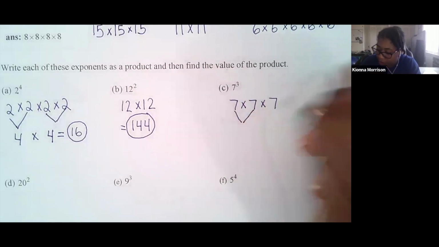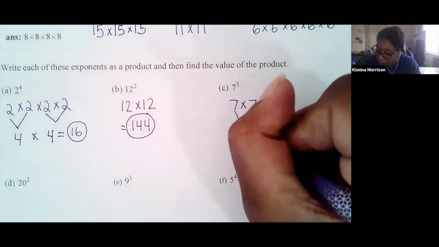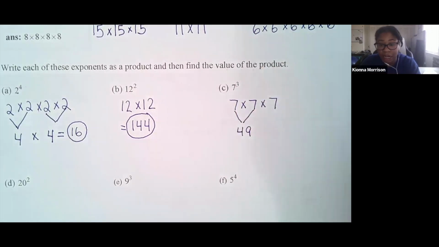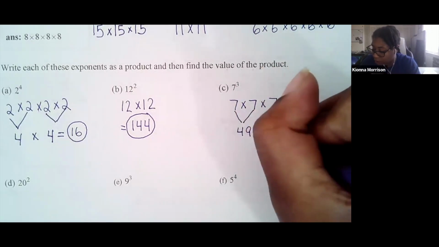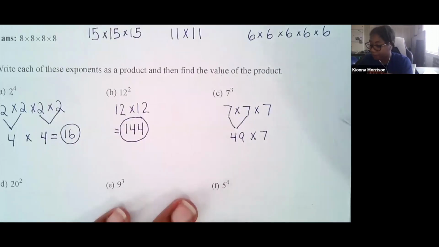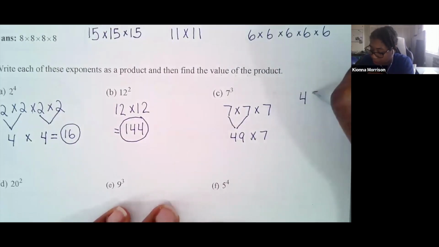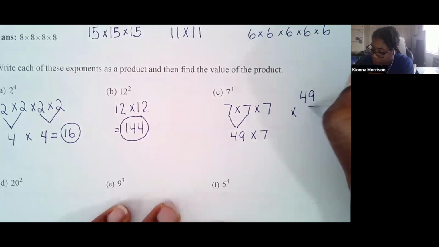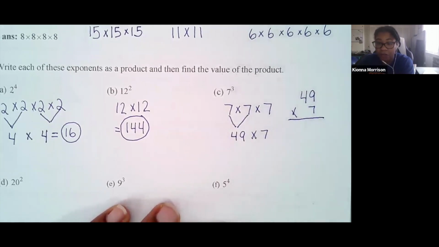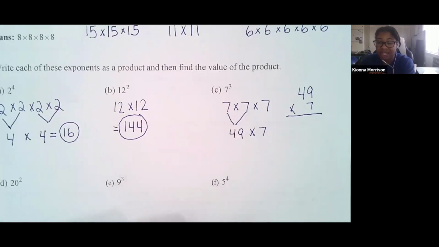So I know 7 times 7 is 49. And now I have to see what's 49 times 7. That's not something that I can do in my head, so I'm just going to do my algorithm on the side. I'm not going to say this part out loud because we've practiced with our algorithm a lot, and I'd like you to practice on your own.